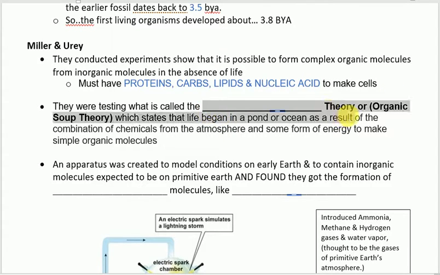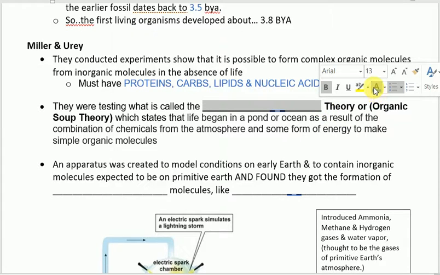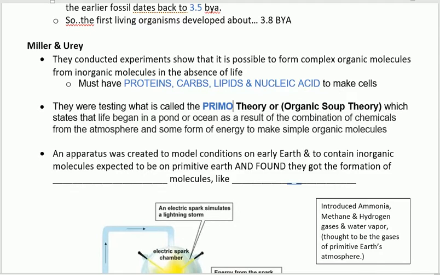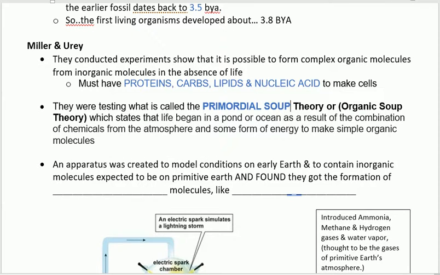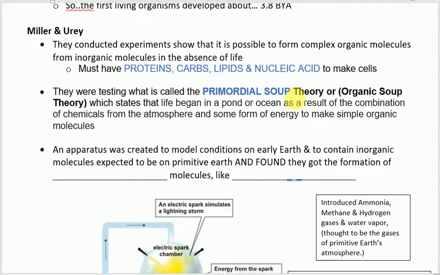They were testing what is called the primordial soup theory, or the organic soup theory. And basically it states that life began in a pond or an ocean as a result of the combination of chemicals from the atmosphere and some form of energy in order to make simple organic molecules.